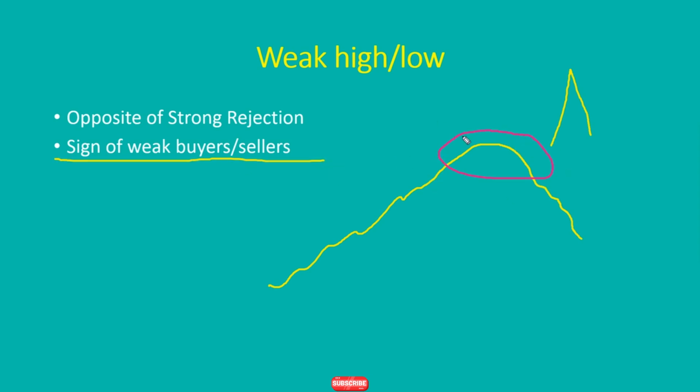So if there is a weak high, then it is a sign of weak sellers who weren't able to aggressively reject higher prices, but they only did it very slowly, very shyly, all right? So this is how a weak high and weak low get formed.